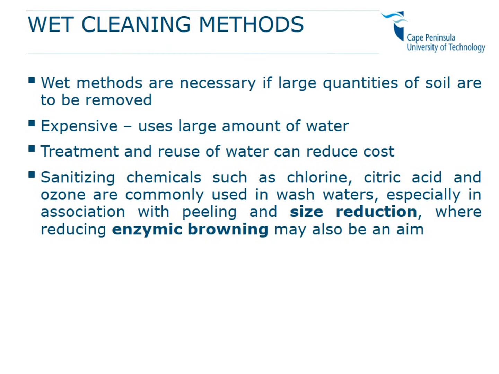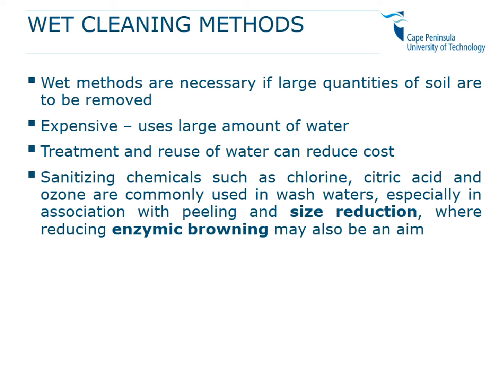So wet cleaning methods are very important in the food industry. These are necessary when large quantities of soil are to be removed from the surface of the raw materials. However, their disadvantage is that they use a lot of water. So if you're going to have a cleaning method that requires only wet cleaning, you may have a problem with the amount of water that is used in the process.